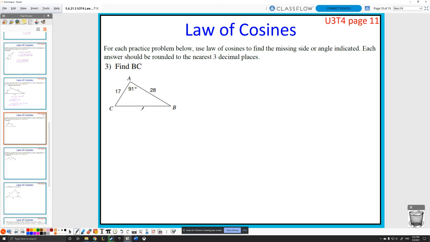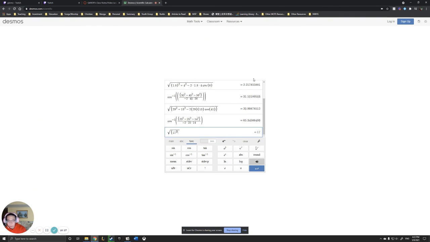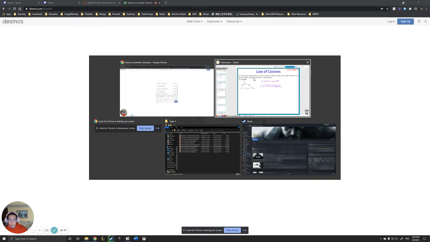We want to find BC. That's side A here. So A squared is equal to B squared plus C squared minus 2 times B and C cosine of A. So A is equal to the square root of 17 squared plus 28 squared minus 2 times 17 times 28 cosine of 91. All right, this is mostly just calculator work.